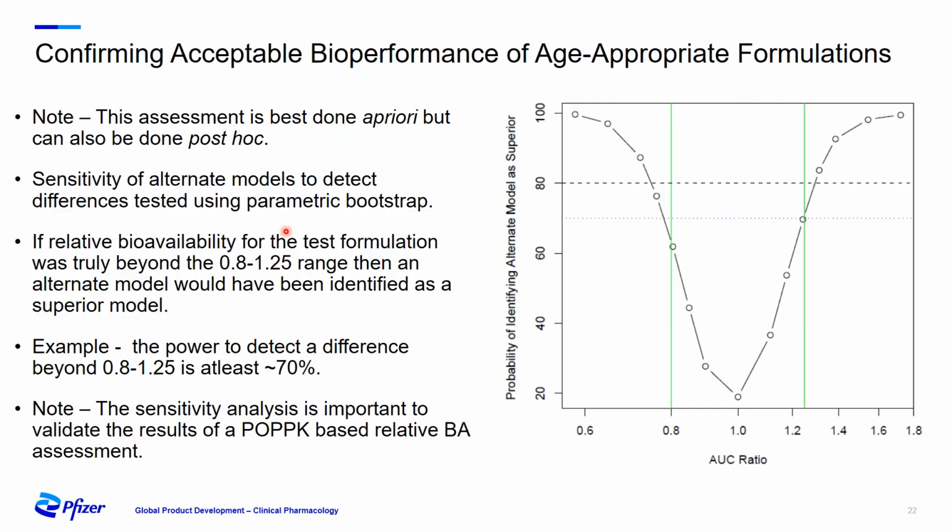How many times were you able to detect the difference, and the alternate model was truly superior. So this is basically a sophisticated power calculation where at the end of this analysis you can say what is the likelihood that if your formulation was truly different by a certain magnitude, we can pick up the difference.